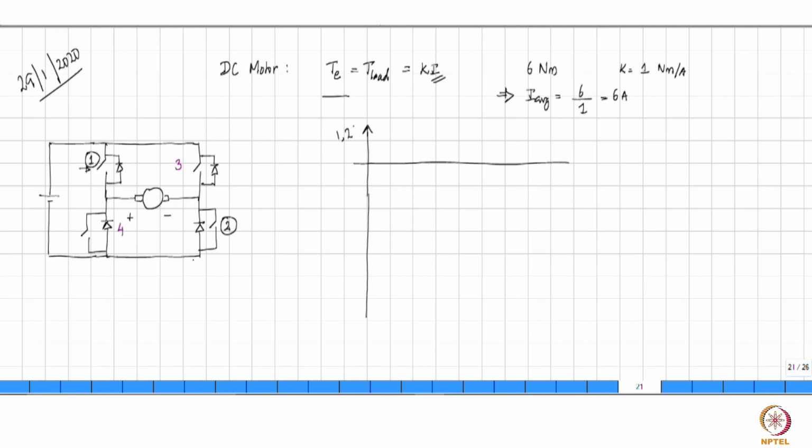Switches 1 and 2, and then switches 3 and 4, that is, control signals for 1 and 2, control signals for switches 3 and 4. This is drawn with respect to time, and what I want to draw is the waveform of the voltage across the motor. So we will trigger switches 1 and 2 in this manner.